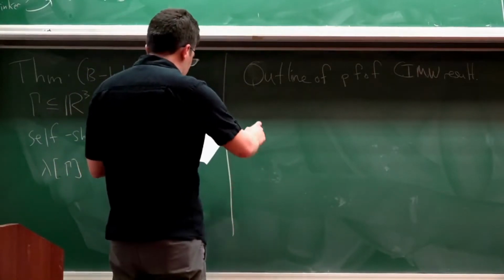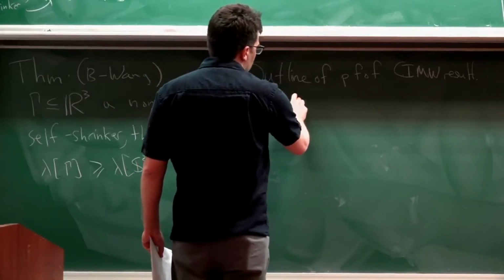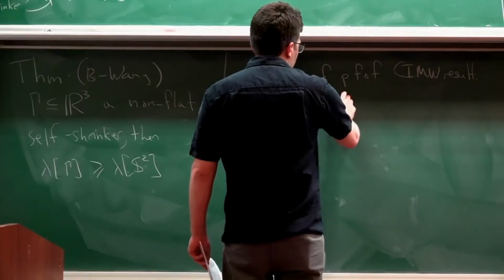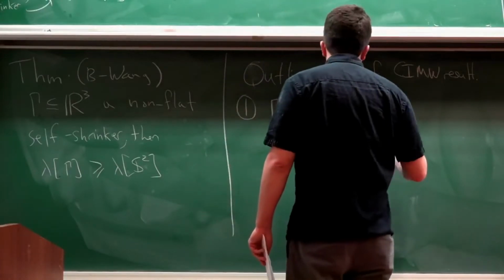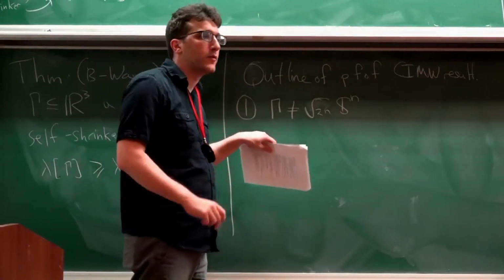There are basically 5 steps. The first step is we're just going to consider a gamma that's not the round sphere. The goal is to prove the entropy of this is bigger than the entropy of the sphere.